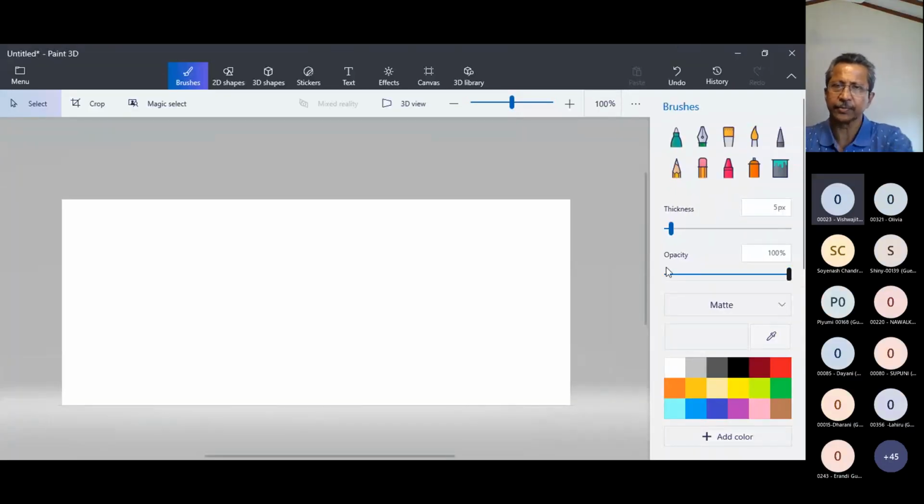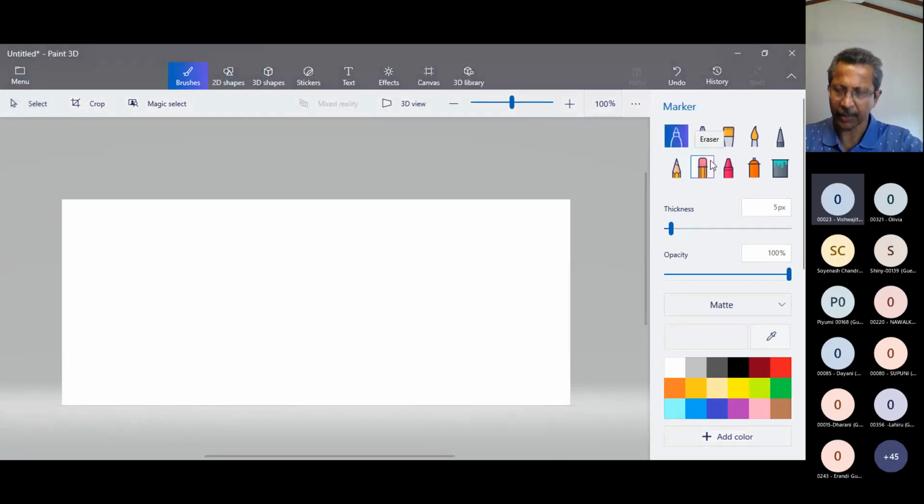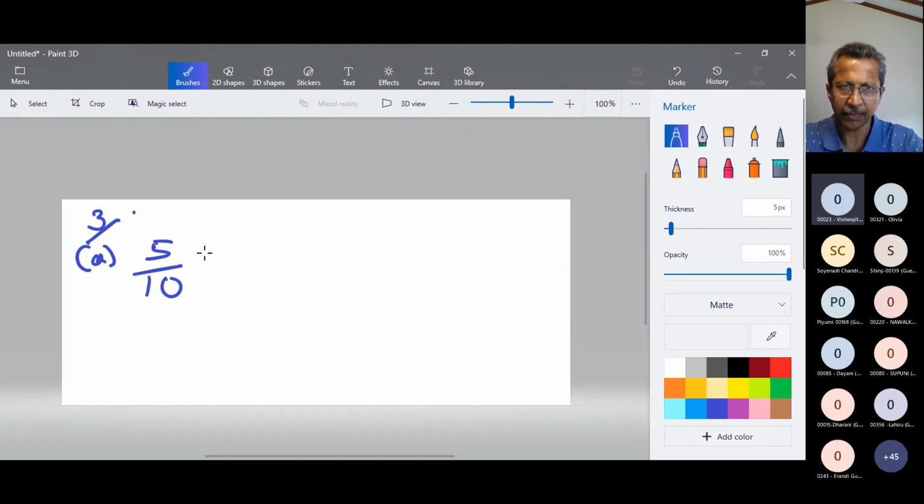First one, that is 3A, is 5 upon 10. Right. Someone tell me what is the next higher level, how we can show this.